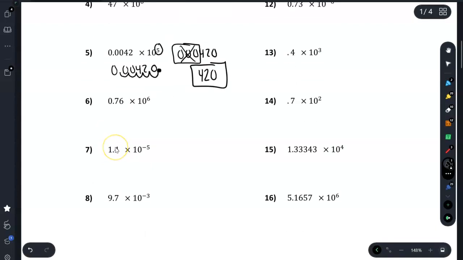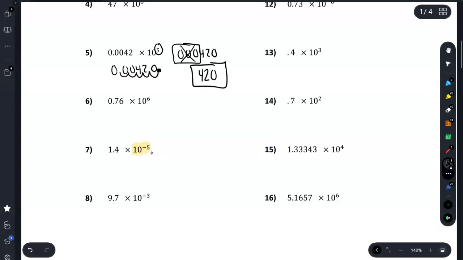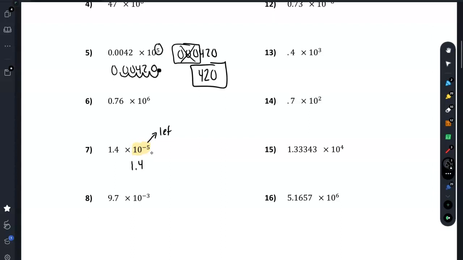Number 7, this will be the first one that you'll see that I'm moving in the opposite direction. Here I have 10 to the negative 5, so I'm starting with the value 1.4, and since it's negative, I want to move left 5 times, so I grab the decimal, 1, 2, 3, 4, 5.